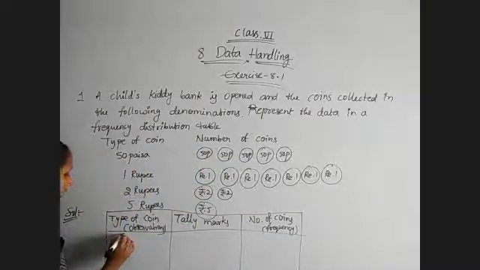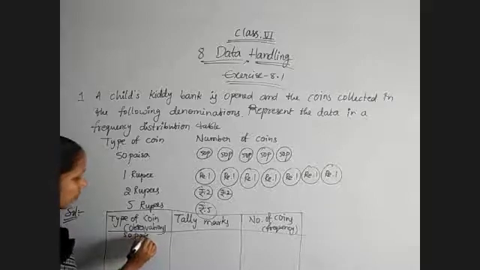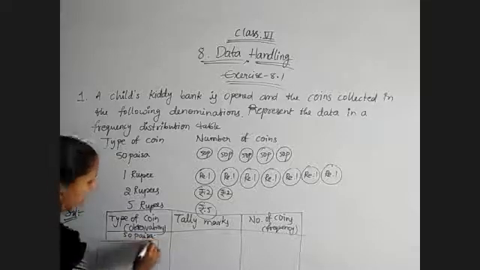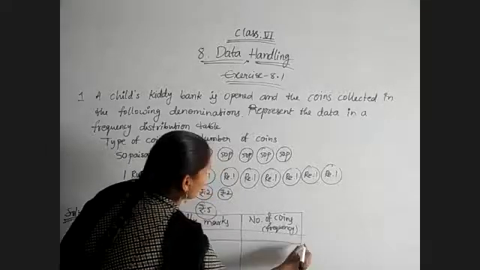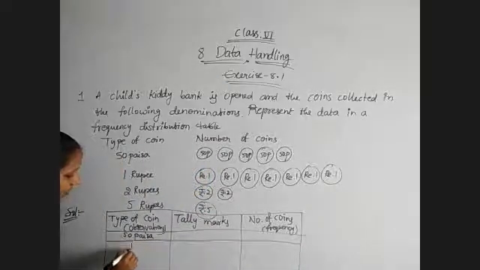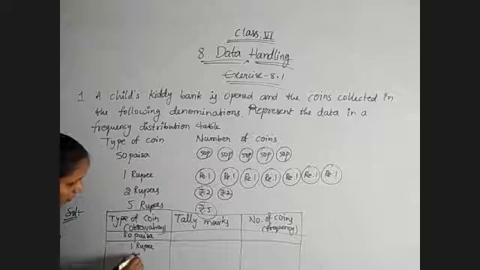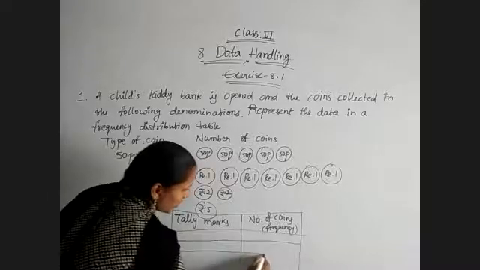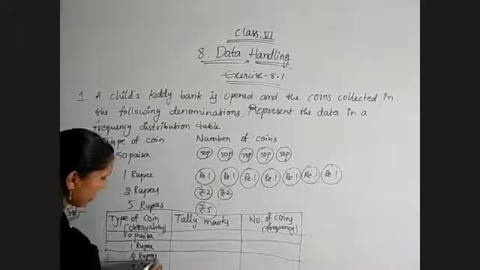So here first 50 paisa coin we have. Then 1 rupee coin. 2 rupees, 5 rupee. So total 4 types of coins are there.